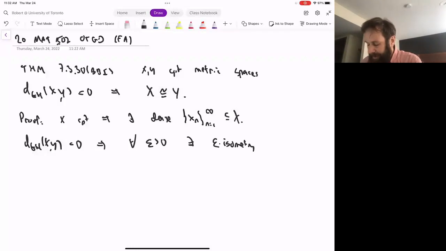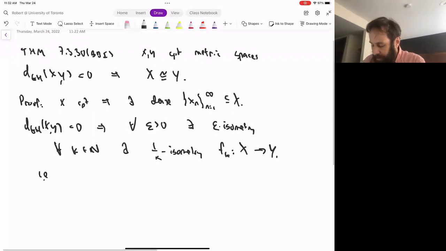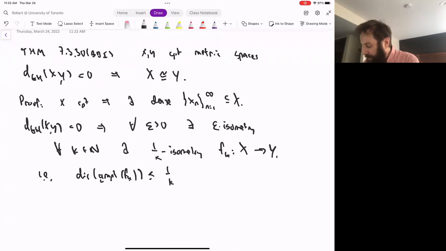So let's do it for every natural K: there exists a 1/K isometry F_k from X to Y. Recall that this means, on the one hand, the distortion of the graph of F_k is less than 1/K, and on the other hand, the image of X under F_k is a 1/K net in Y.